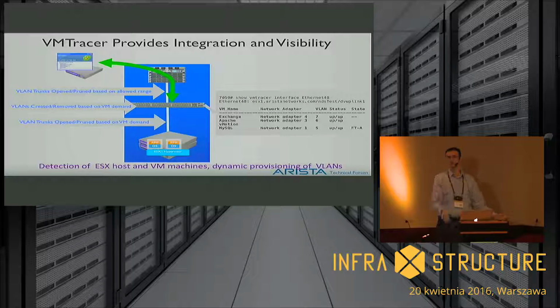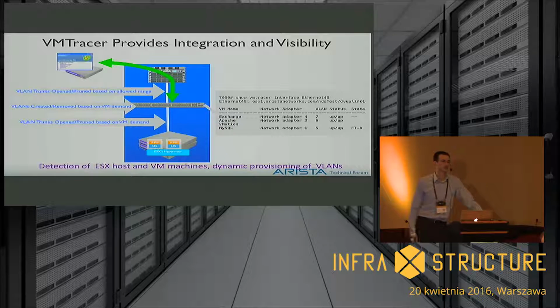But maybe it's not an allowed VLAN, maybe it's not configured anywhere, maybe they mistyped, it should be 7.7, for example. So you can very quickly have visibility about what's going on the virtualization side.